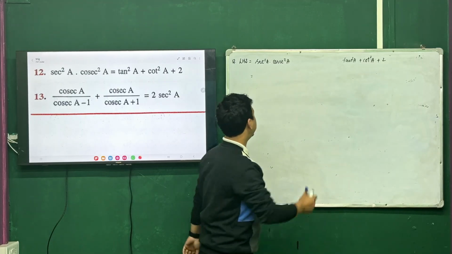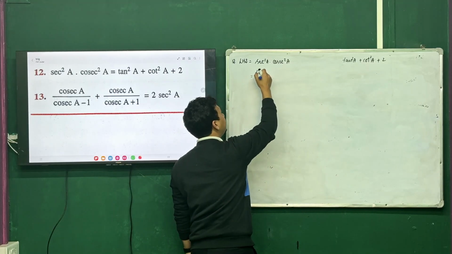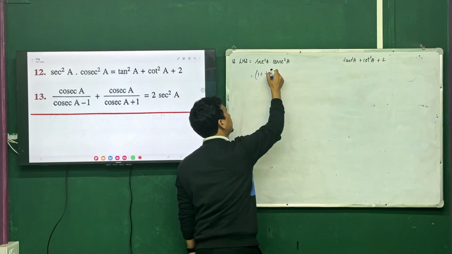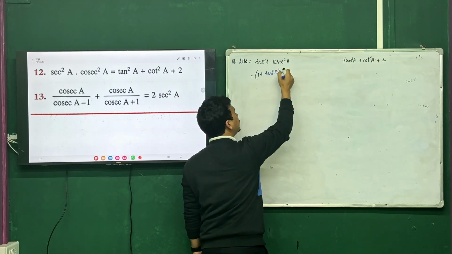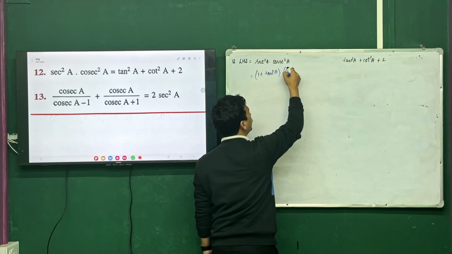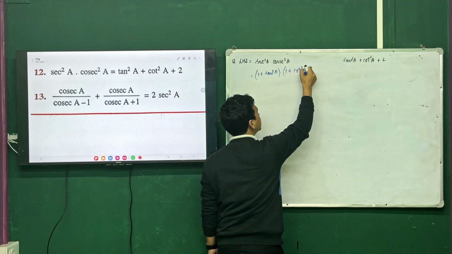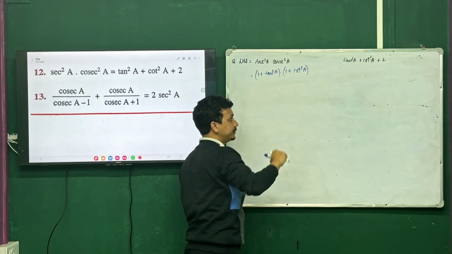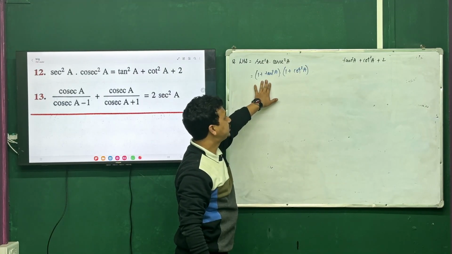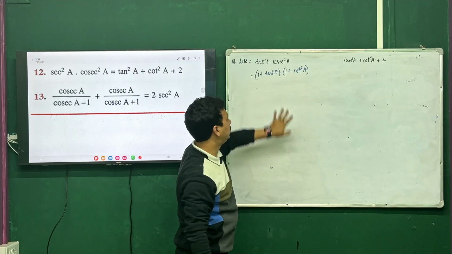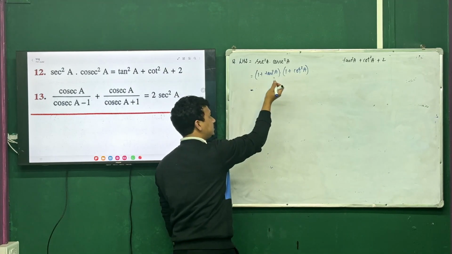So there's a direct relationship. Sec square can be converted to 1 plus tan square, and cosec square can be converted to 1 plus cot square A, right? So the first rule we're using, since we already have the trigonometric ratio, means most probably we'll get the answer right. So let's multiply.